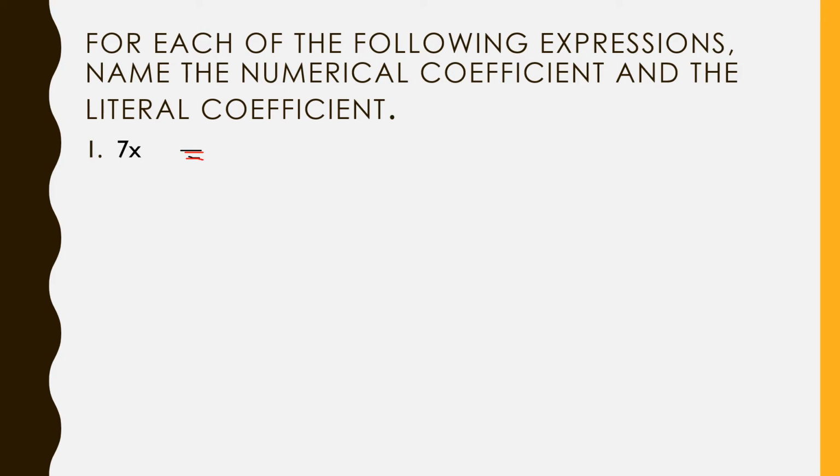Let's write literal and numerical. So in 7x, the literal is x, the numerical is 7. So it's also the constant. In negative 3b cubed, the literal is b, the constant is negative 3.